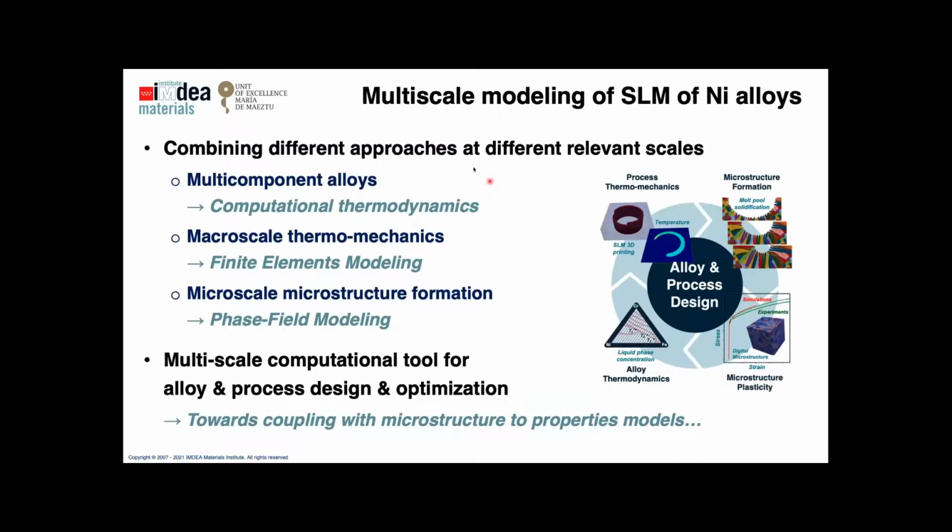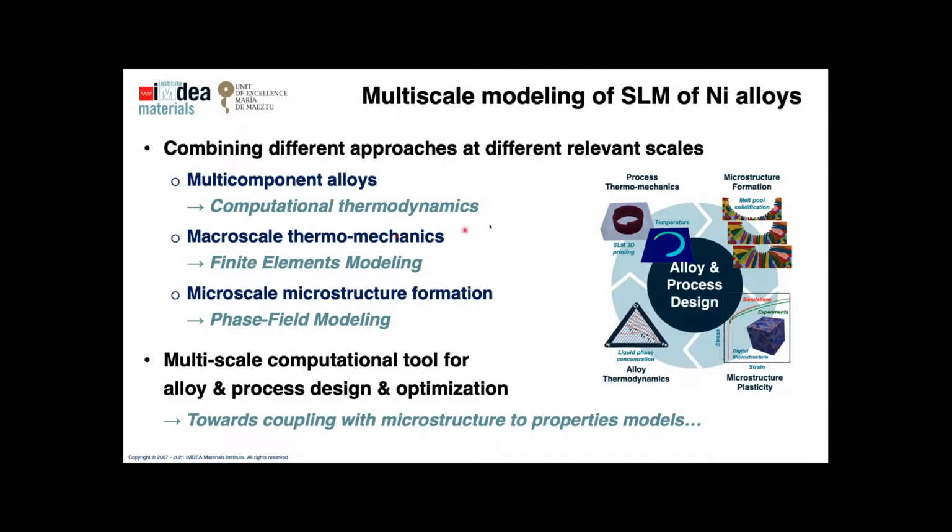So the idea is to combine computational thermodynamics, essentially CALPHAD, to deal with the aspect of multi-component alloys. What is the effect if I add a few percent of something else on the processing, both at the macro scale and micro scale?